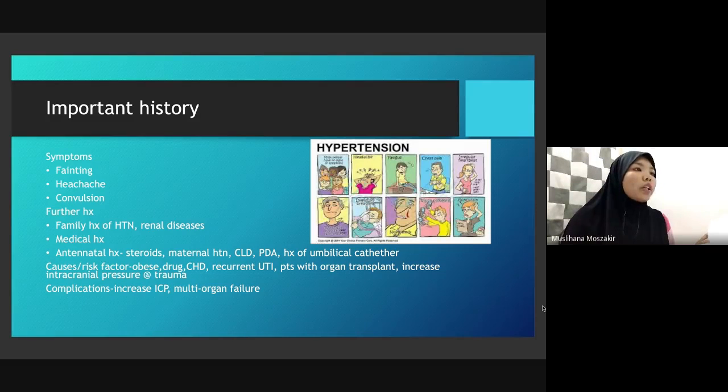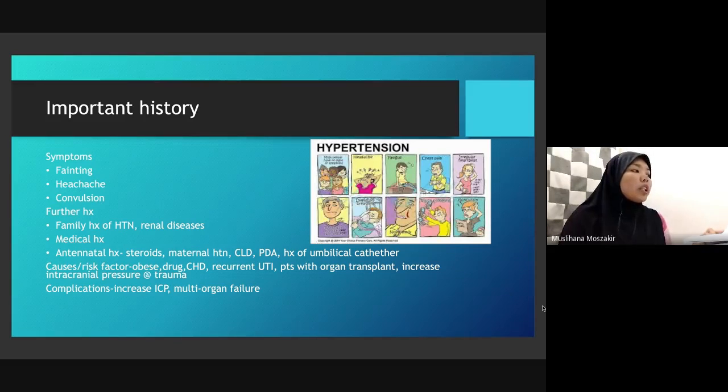Patients with organ transplant, and any increase in intracranial pressure due to trauma, or the patient might develop increased intracranial pressure because of a complication of the increase in blood pressure. So they might have targeted organ failure symptoms.